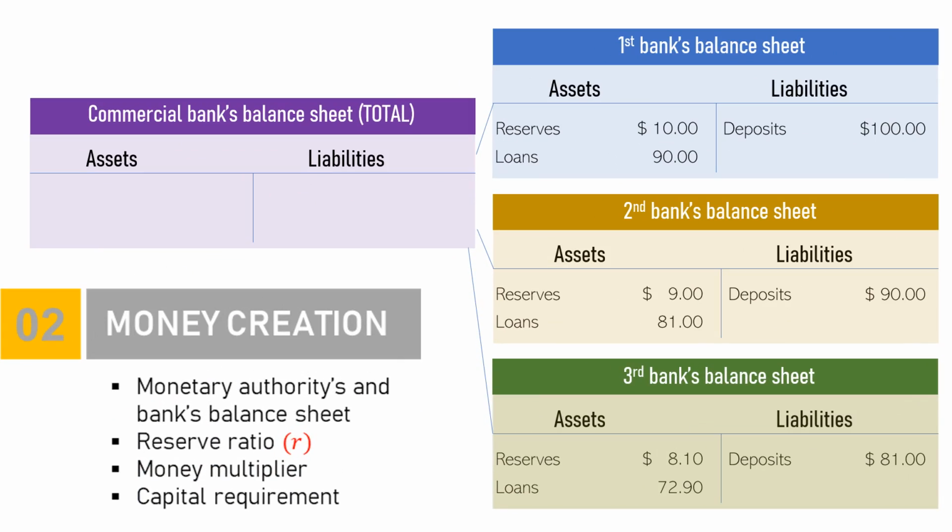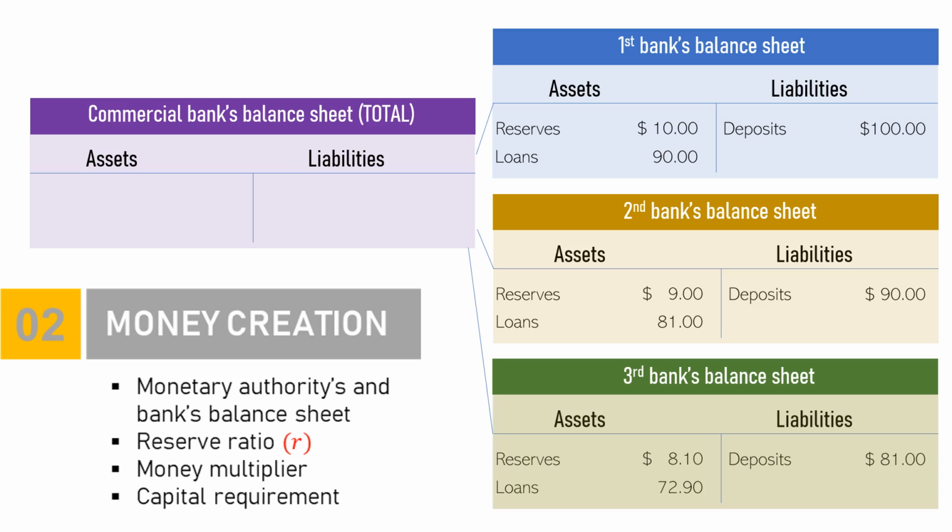Here, I would like to show you the balance sheet of total commercial banks in the economy. As I explained earlier, when we limit the discussion to just Bank 1 and Bank 2, when loan is made, it will affect total deposits, but not total reserves. Initial deposit is $100.